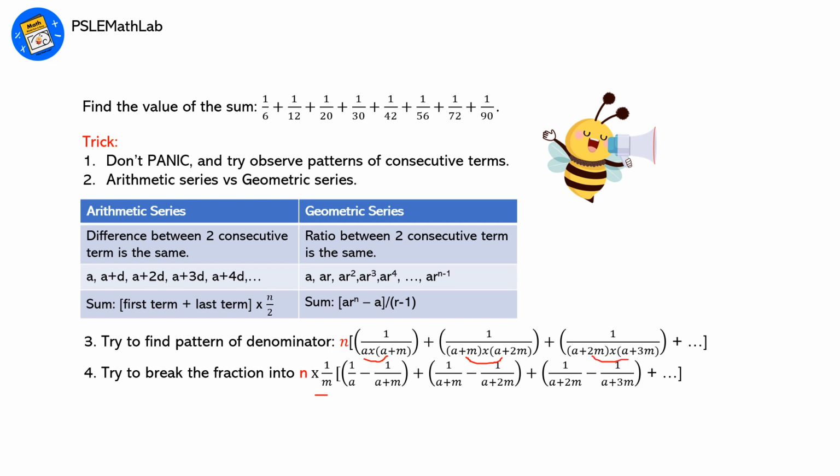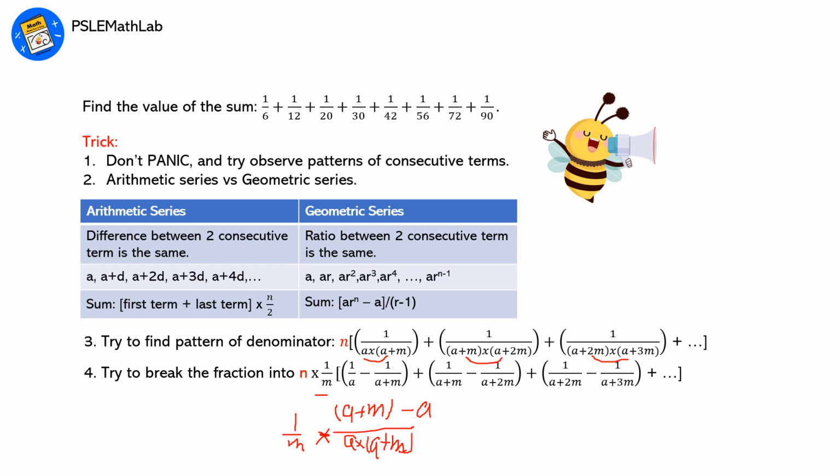So here we can see a times a plus m equals a plus m minus a. Then here the denominator is m, then we multiply by 1 divided by m. Here is the multiplication. That's why we have the 1 divided by m here.